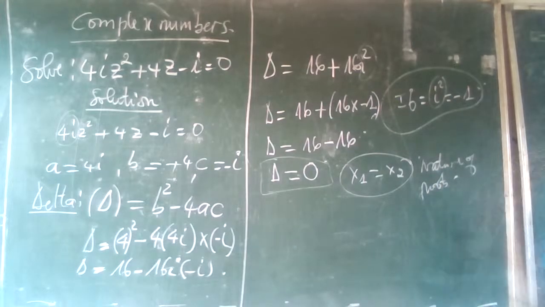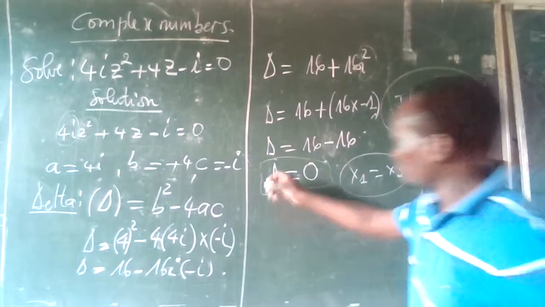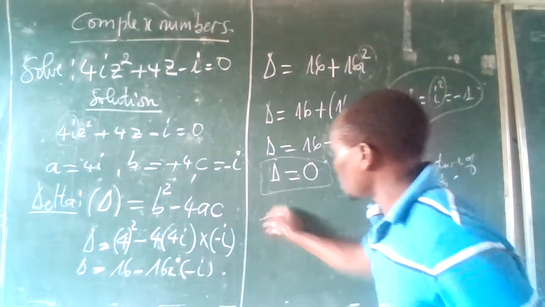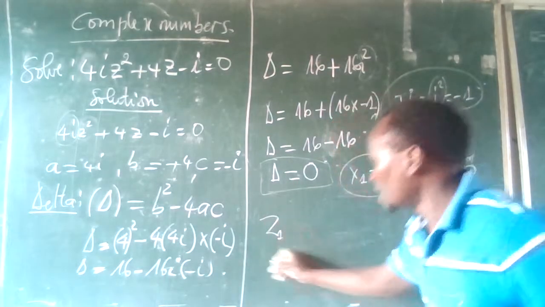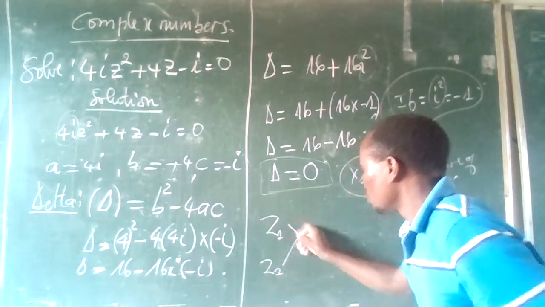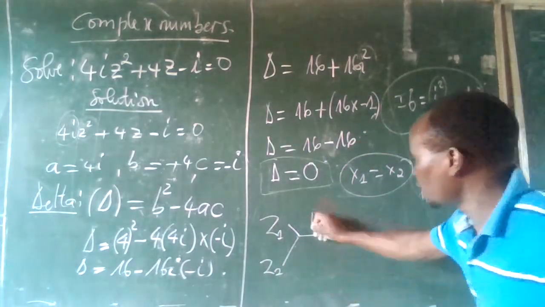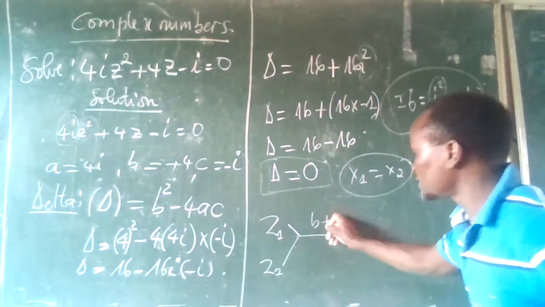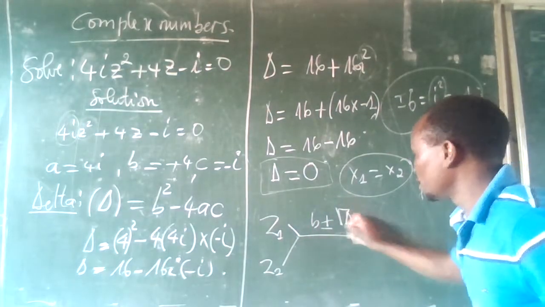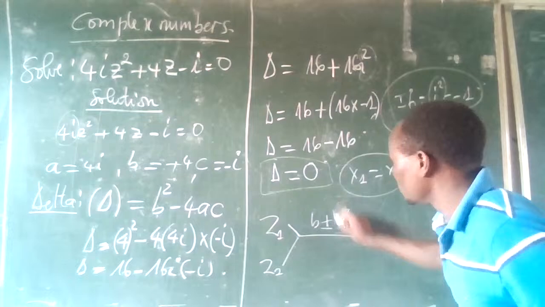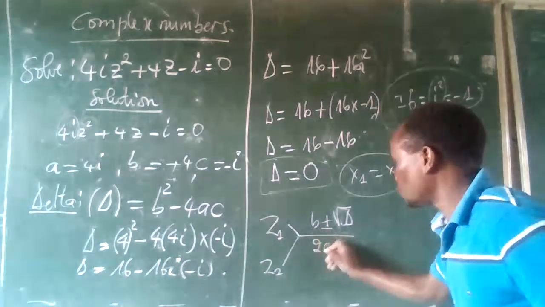Now we should have z1 and z2, where the general formula is minus b plus or minus root of delta over 2a. Finally we have minus b plus root of delta over 2a, and here also minus b minus root of delta over 2a.